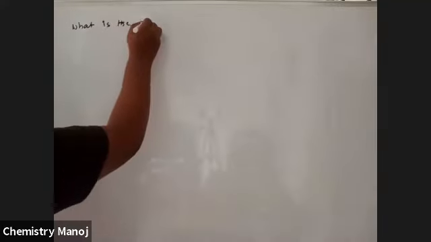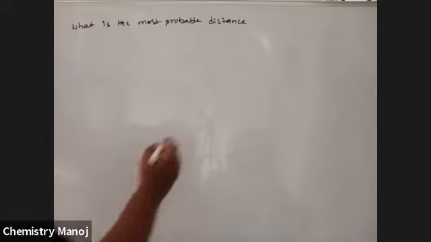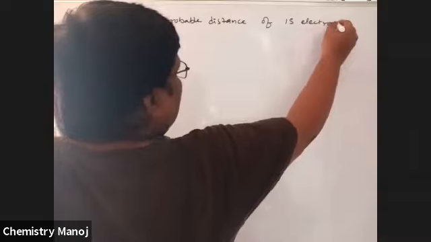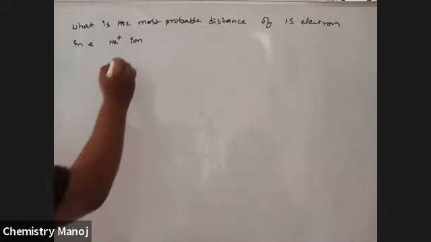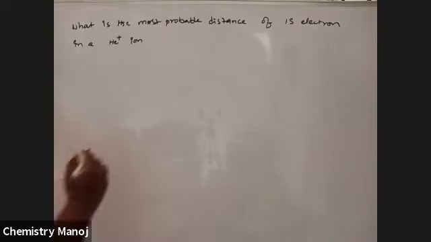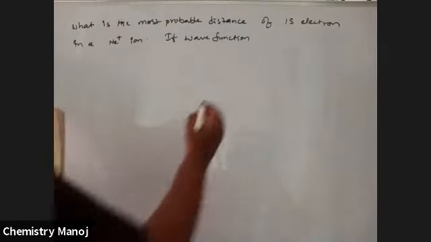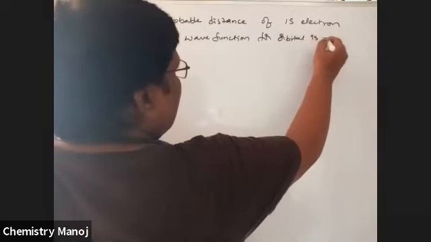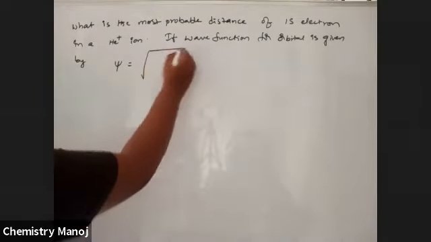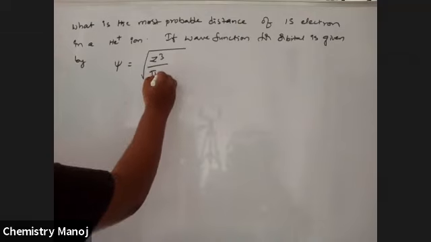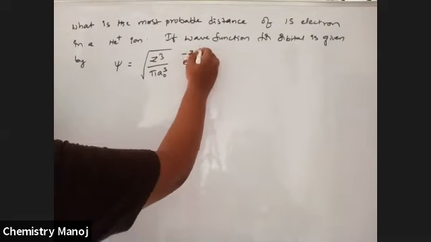What is the most probable distance of a 1s electron in a He plus ion, if the wave function for the orbital is given by psi is equal to root of Z cube by pi A naught whole cube into e power minus ZR by A naught.